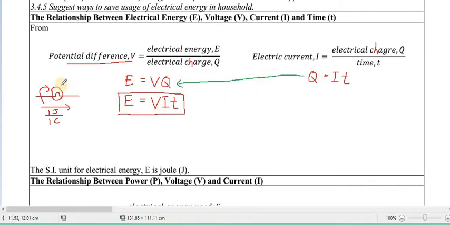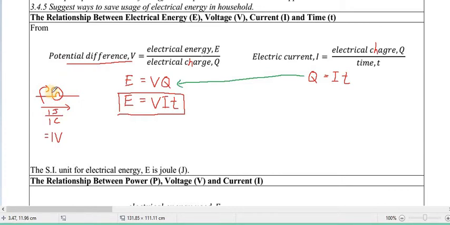For example, this bulb, okay, if every 1 coulomb of charge that passes through this bulb does the work of 1 joule, that means the potential difference across the bulb will be 1 volt, right or not? Okay, so if it is 1 volt, it means that every 1 coulomb that passes through brings 1 joule of energy into the bulb.